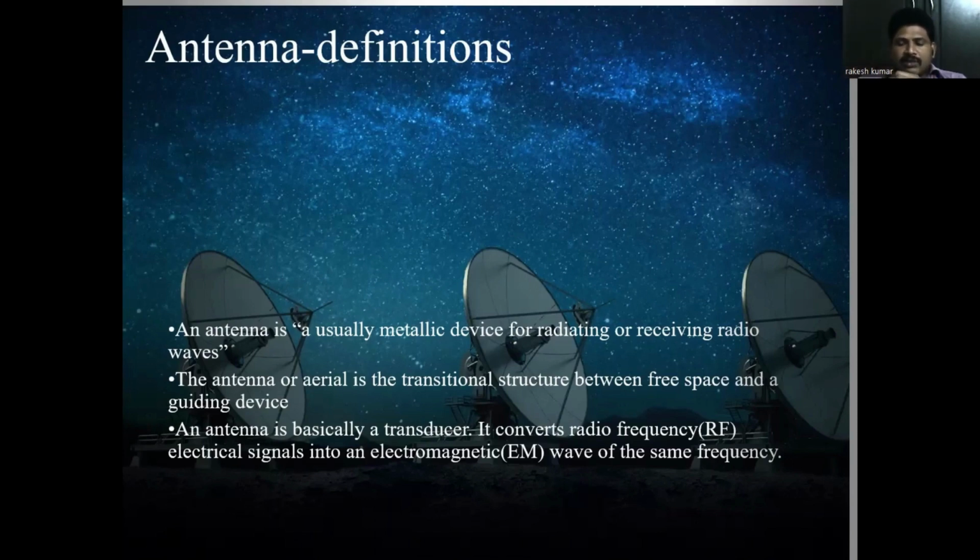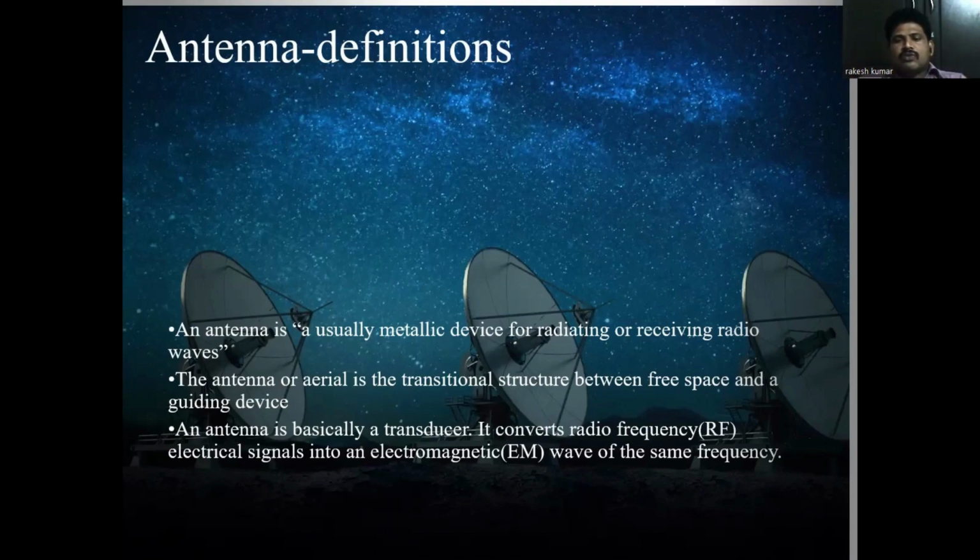Whereas coming to the receiving antenna, what is the main purpose of the receiving antenna? It will receive the electromagnetic waves and you will give the connection to our TV or anything, which is an electrical signal. So at the receiving end, the antenna is converting electromagnetic signal to electrical.